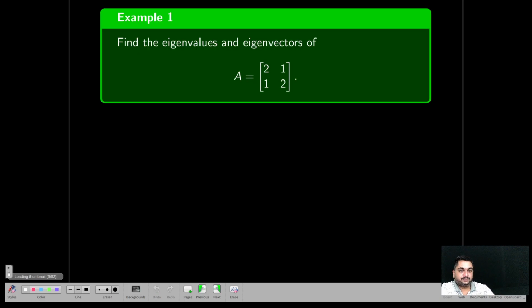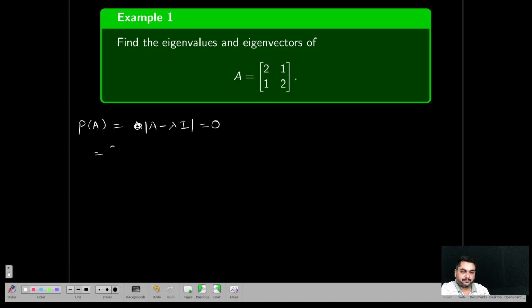Okay, let's see an example. Find the eigenvalues and eigenvectors of this given matrix. First you find the polynomial equation in terms of eigenvalues: determinant of A minus lambda I equals 0.